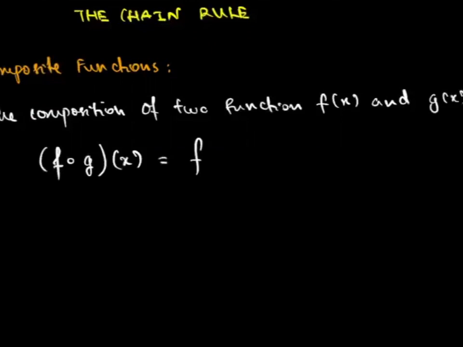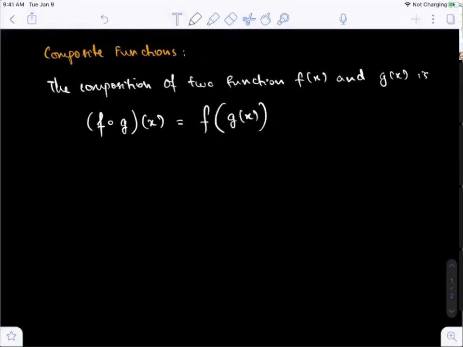This is equal to f of g of x. First, given the input, you can use g for a map. So this is the input here, and g of x is the output.